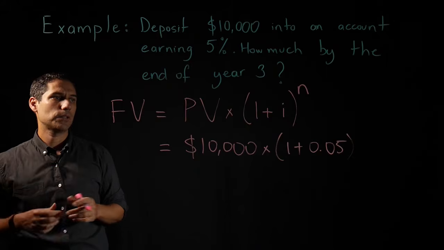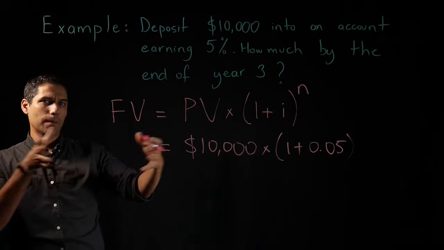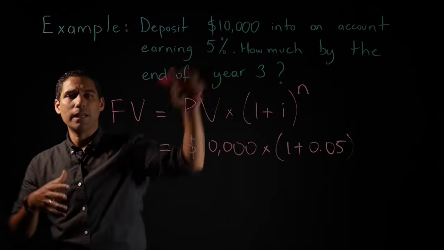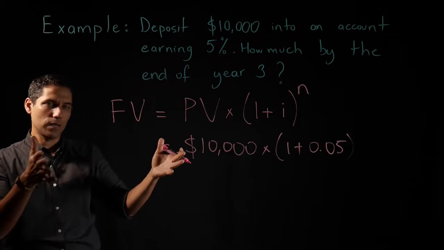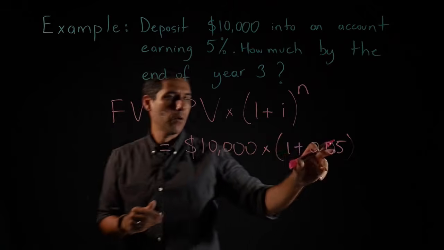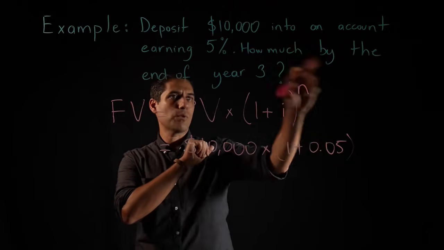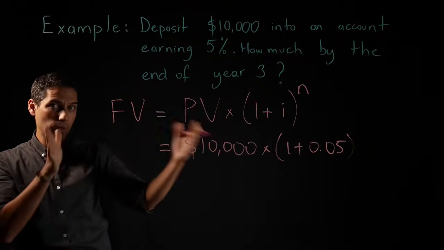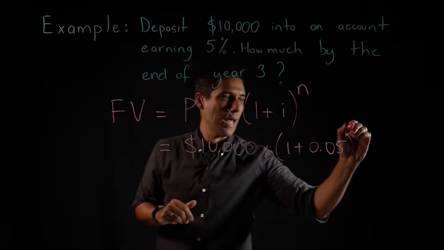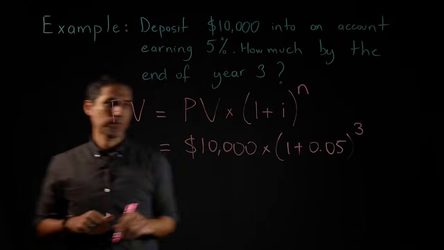N here is always the time that this growth rate is applied for. All right, so for how many years, for how many periods, will our $10,000 earn 5%? It says end of year 3, we are at 0, so this is 3 full years. All right, so n is going to be 3, okay?